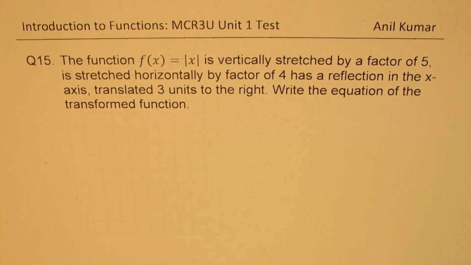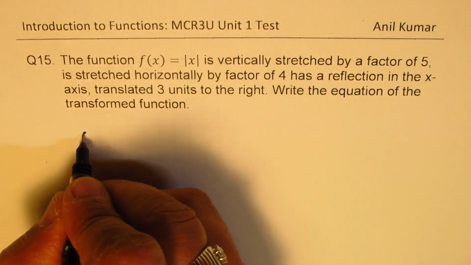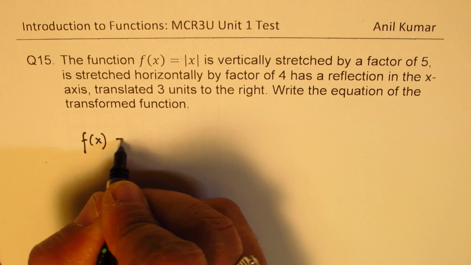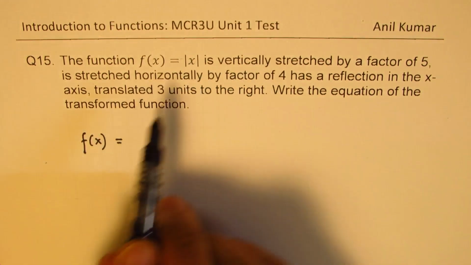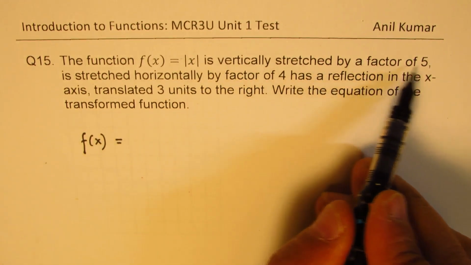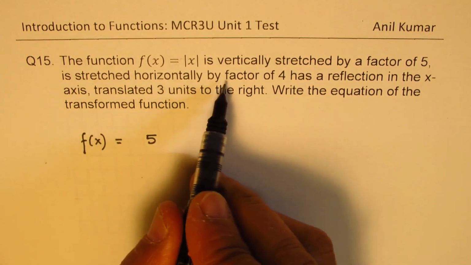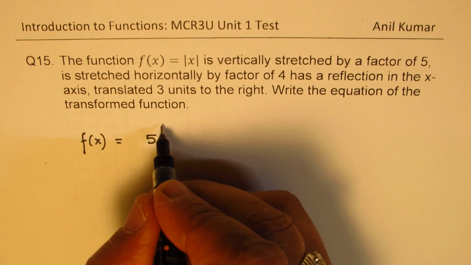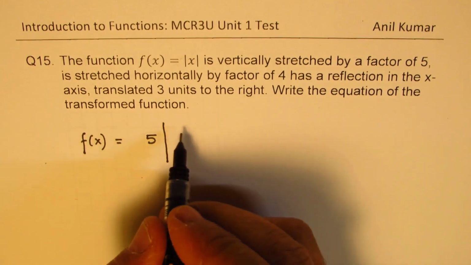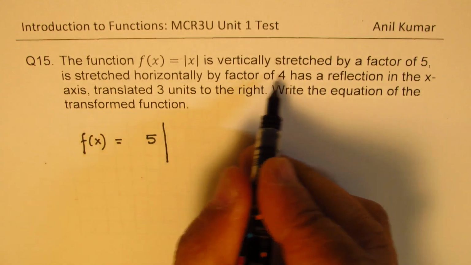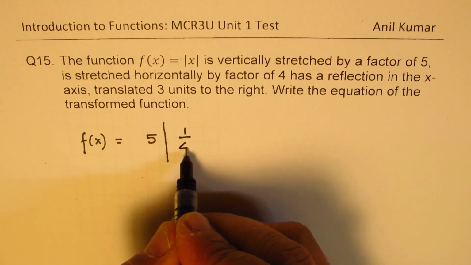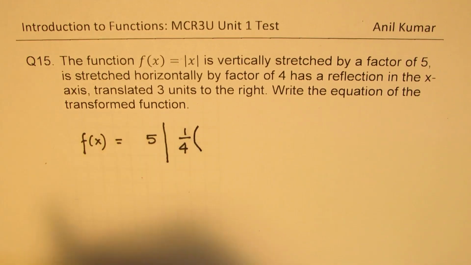So let's go one by one on this. We have f of x equals absolute value, vertically stretched by a factor of 5. So we get 5 outside, right? Horizontally stretched by a factor of 4. So within this absolute function, it is 1 over 4, right? And then write brackets for this x.